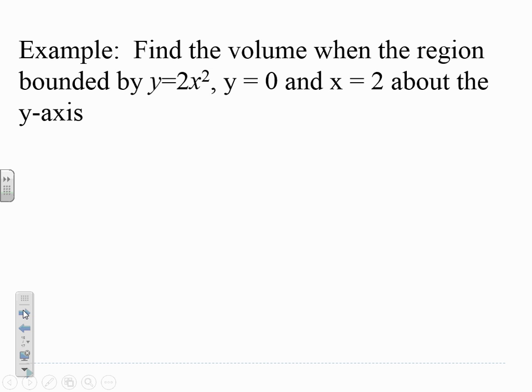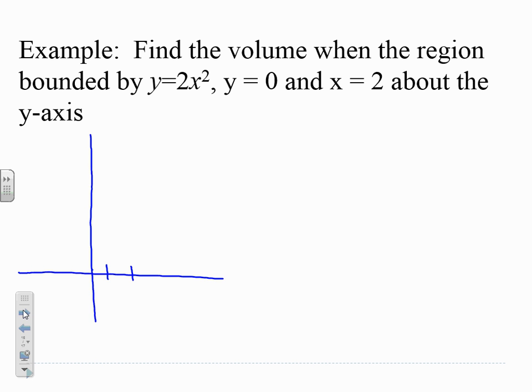Okay, this is one we're not going to need a calculator for. We have y equals 2x squared, y equals 0, and x equals 2 about the y-axis. Here's y equals 2x squared, here's y equals 0, and here's x equals 2.